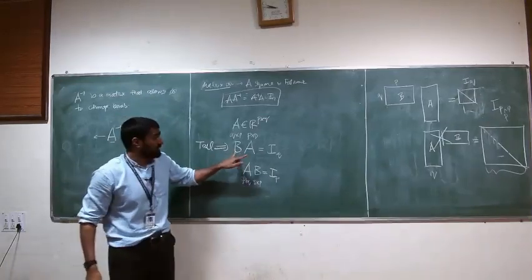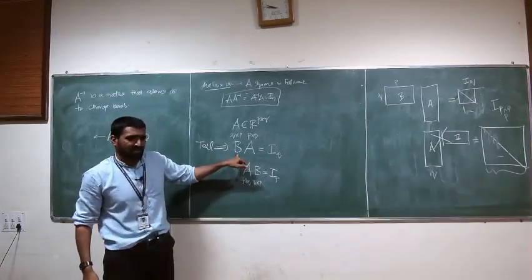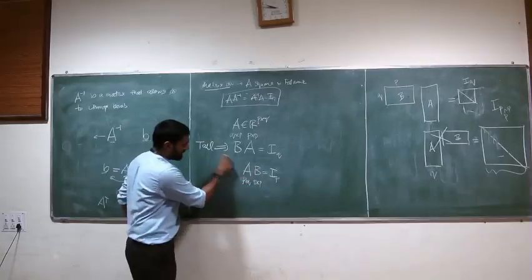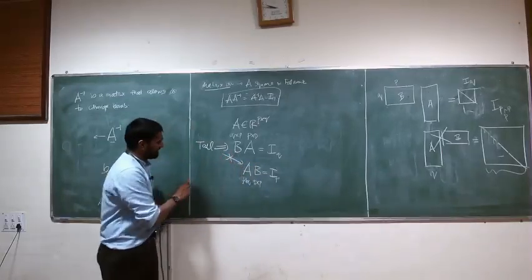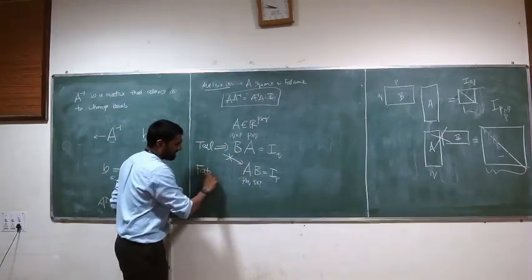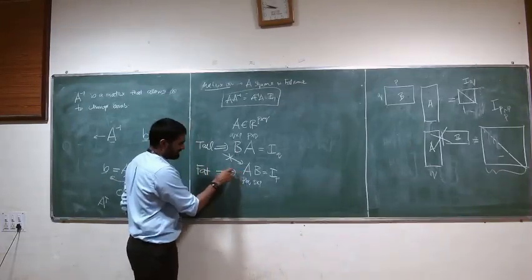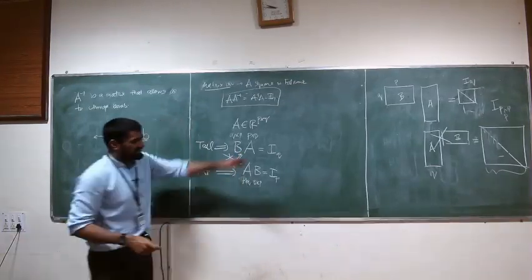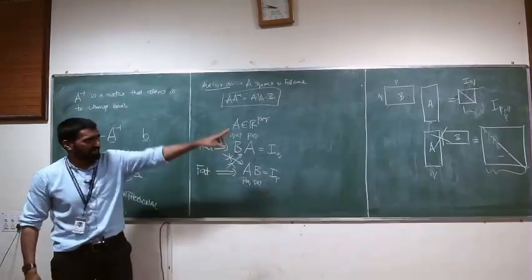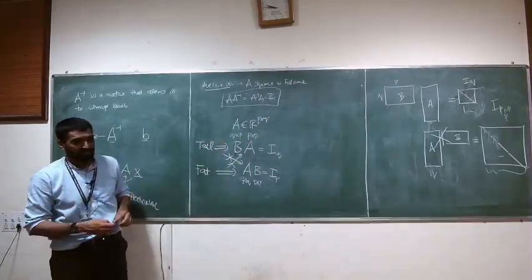This is not true. If A is full rank, you can definitely find B that satisfies this, but you cannot get this. If it's a fat matrix, then you can get this, but you cannot get this. The same argument applies. You can try that for a fat matrix as well.